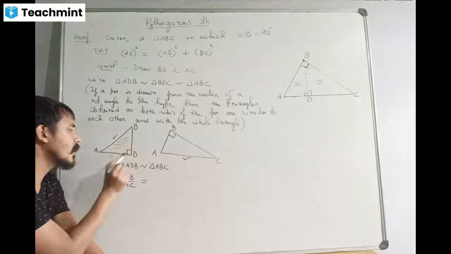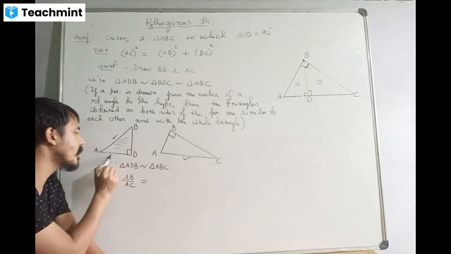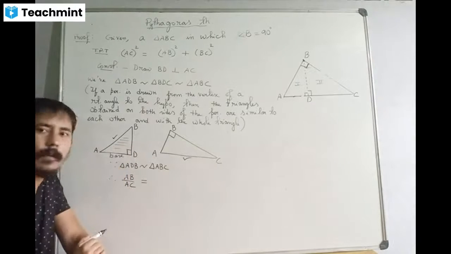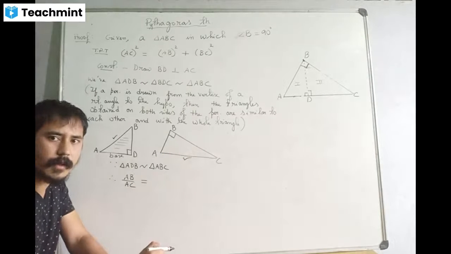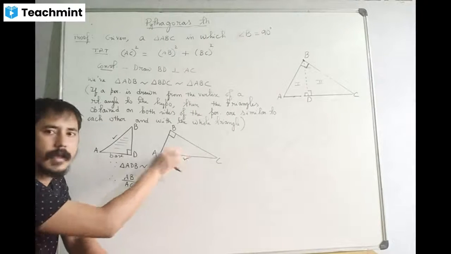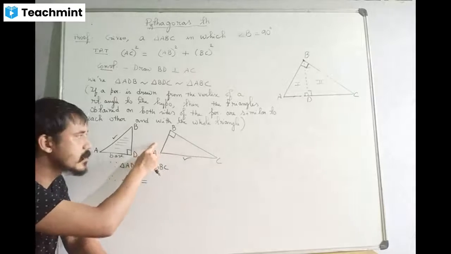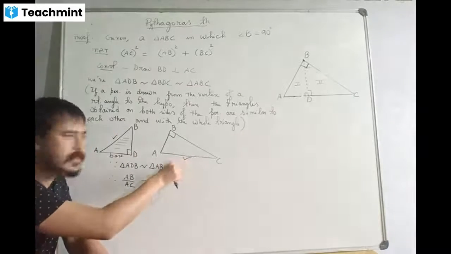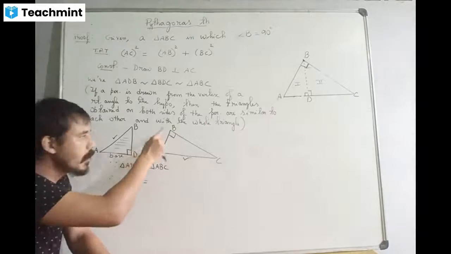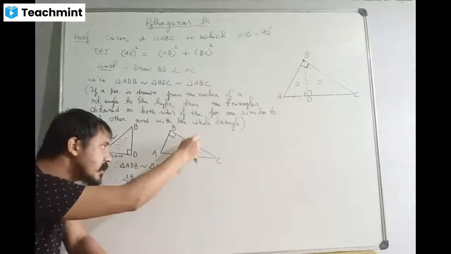From this right triangle, this AD is your base. From this right triangle, AB can be your base, BC can be your base. If this is the hypotenuse, AB can be the base, or BC can be the base.